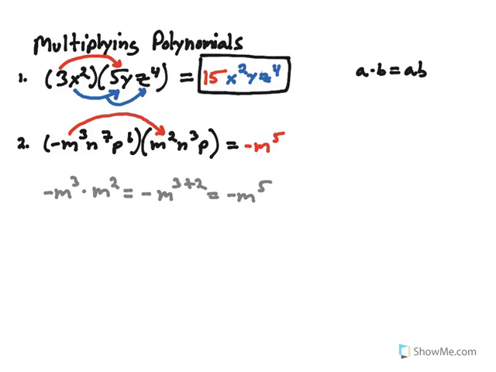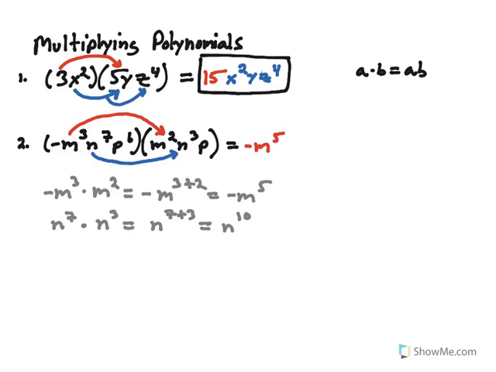All right, so let's do the other one where we have n to the 7th power times n cubed. So we'll do that over here. We have n to the 7th power times n to the 3rd power. All right, so we can write that as one base and then just do 7 plus 3, which we know is n to the 10th power.